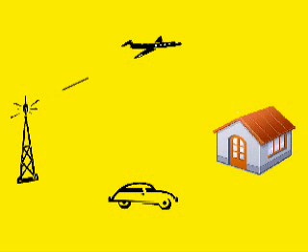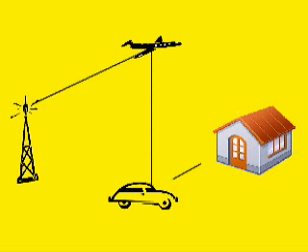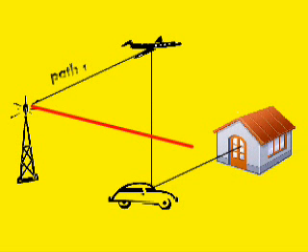In the case where there are obstacles, could be buildings or even moving objects like cars, aeroplanes, the signal tries to find another way around to get to the receiver. And this path usually is longer, takes longer time for the signal to get to its destination, which is the receiver.